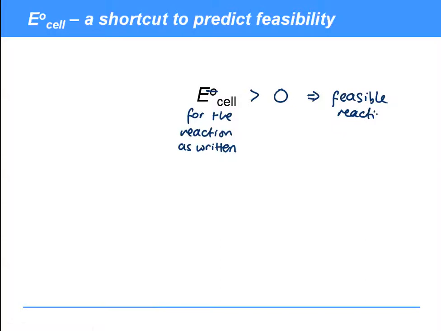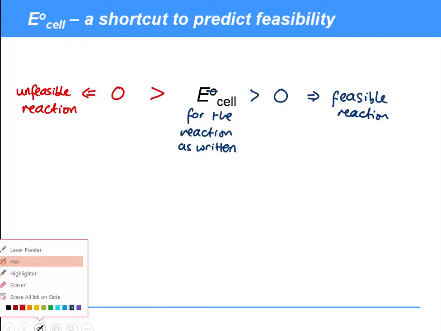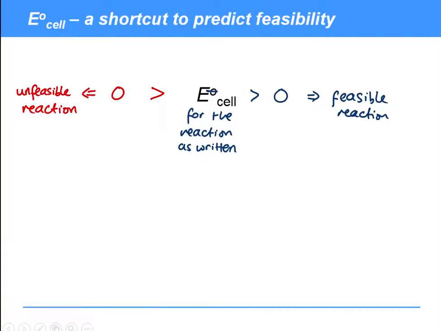In contrast, if it turns out that E cell is less than 0, then we've got an unfeasible reaction. Now, that rule is something that you can learn and apply, and you can do so very happily. I'm just going to spend the next couple of minutes explaining why it works.